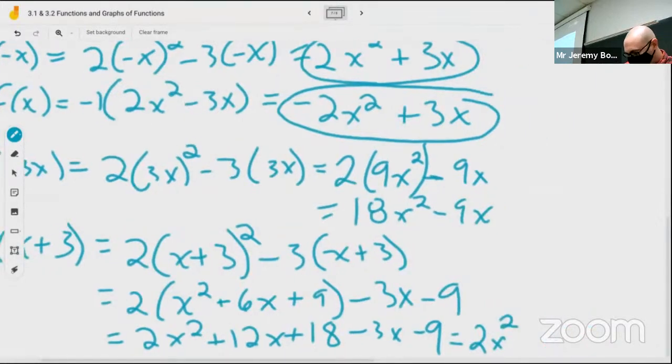So we'll have 2x squared plus 9x plus 9. Any questions on that? Oh, okay. That was a little tough.